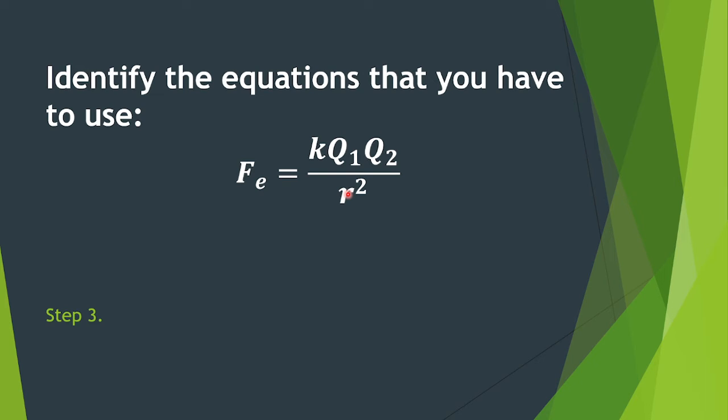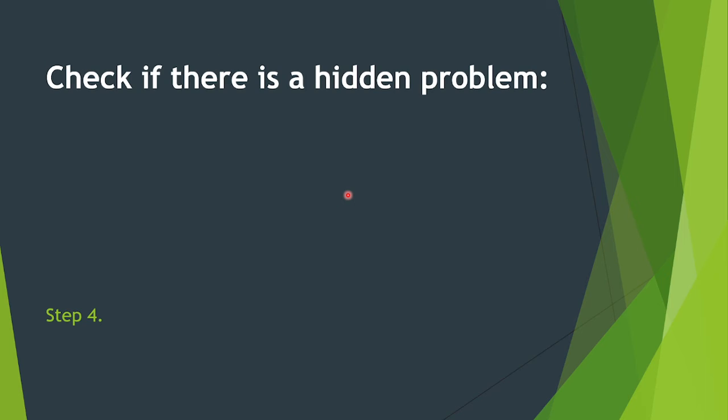So you now have the formula. I think with the data we can already substitute, but wait, there's more. You can actually do step 4 first, and check if there is a hidden problem.